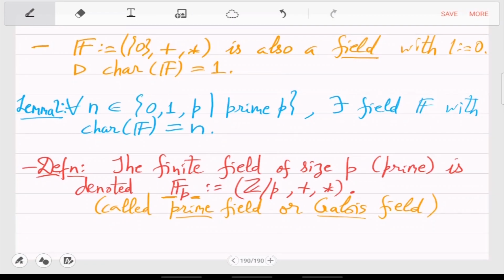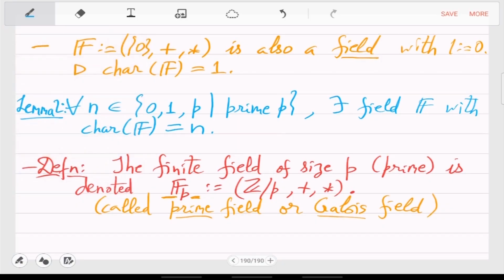So one question that we can immediately ask is, is this the only field with characteristic p? Actually, first question you can ask is, is this the only field with size p? Or are there other fields of size p? What do you think? This should be easy. There cannot be any other field because this field is generated by 1. You are just adding 1 p times, and you get all the elements.